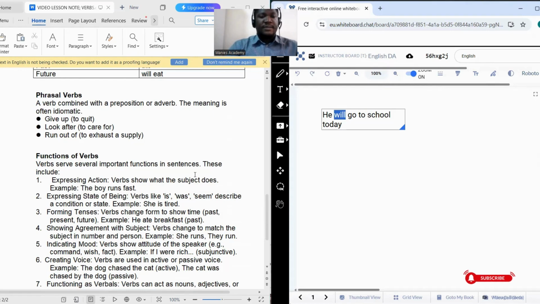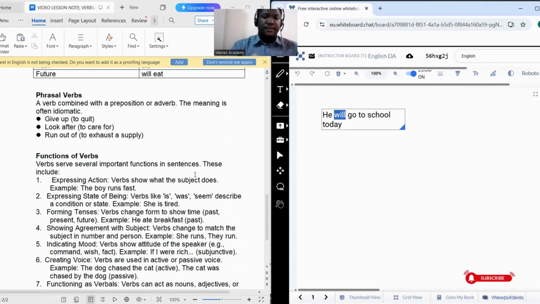The second is to express a state of being. Verbs like is, was, seem describe a condition or a state. She is tired. She was tired. She seems distressed. He seems distressed. Those are verbs that express a state of being. Now, for forming tenses, verbs change to show time.